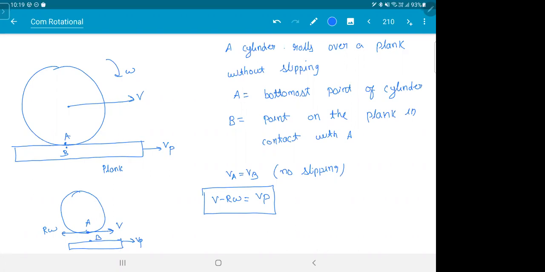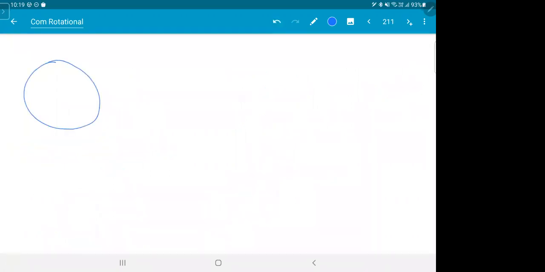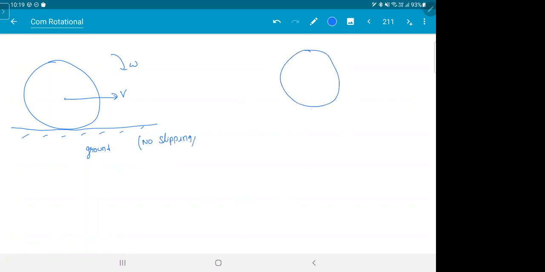Clear? Then what happens if it is on the ground? Suppose this cylinder is on the ground. This is going with V and this is going with omega. There is no slipping. Then what will happen? This will have V forward, R omega backward.